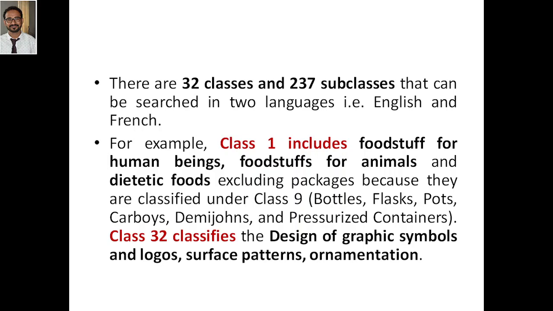The different ornaments, how they have been crafted, all those things fall under design. Anything that falls under the design of graphics, logos, patterns, or ornaments falls under class 32.